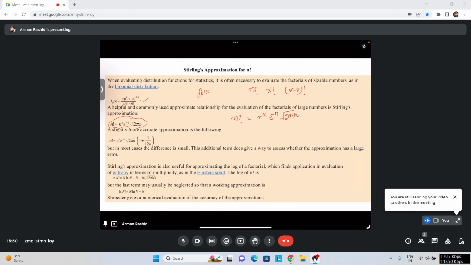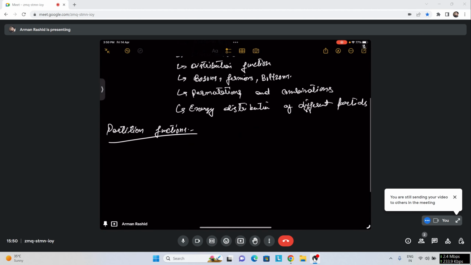So from this we can calculate Stirling's approximation. Now if we take this Stirling's approximation in the simple method, I can write, Stirling approximation.